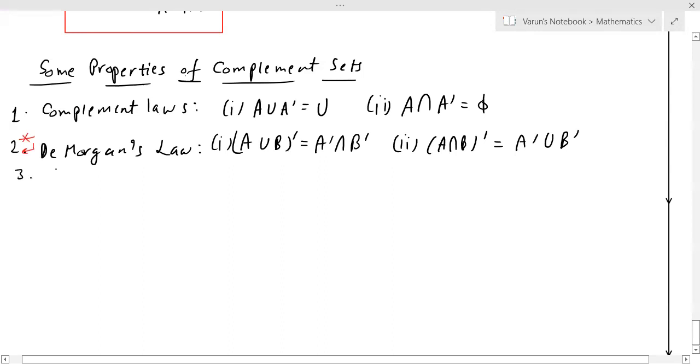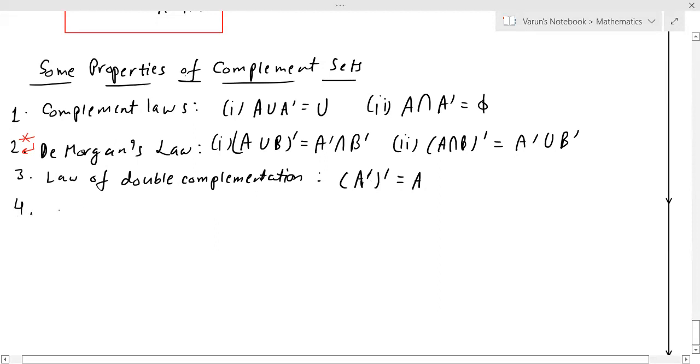Third one, law of double complementation. Double complementation means A prime prime will be A. So the complement of the complement of A is A itself.